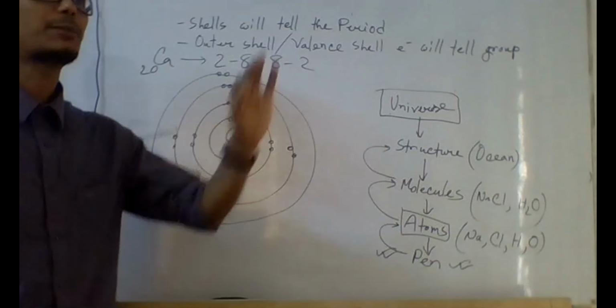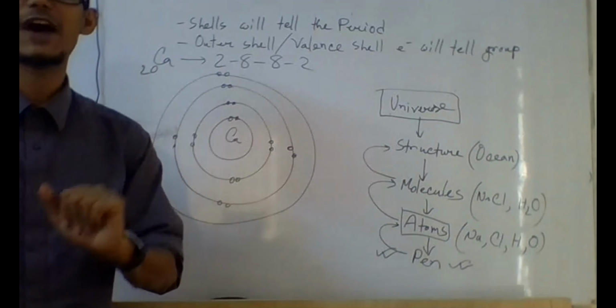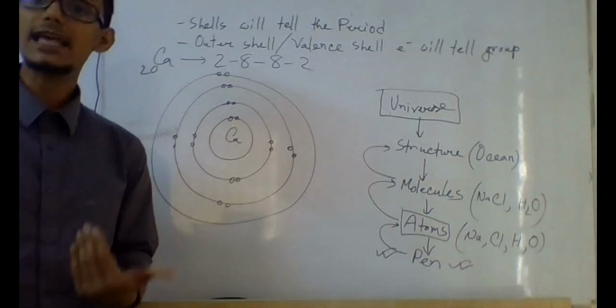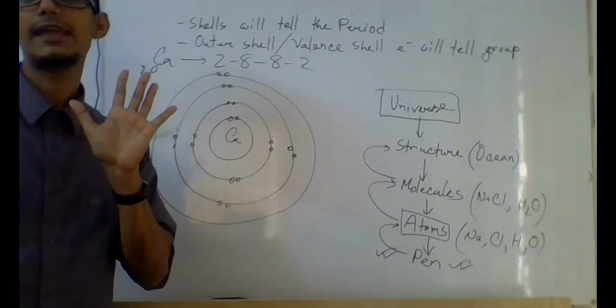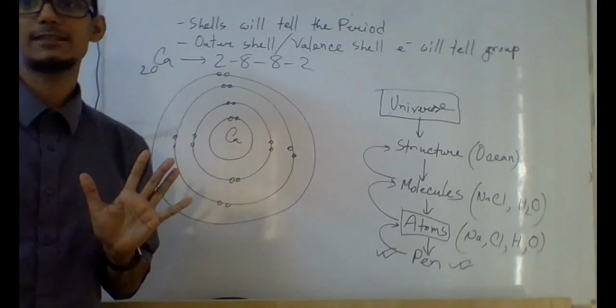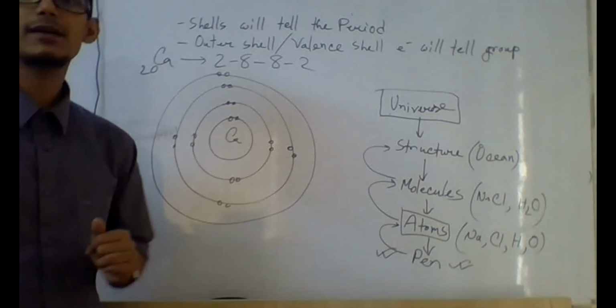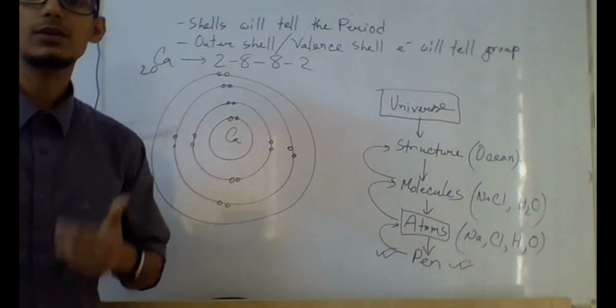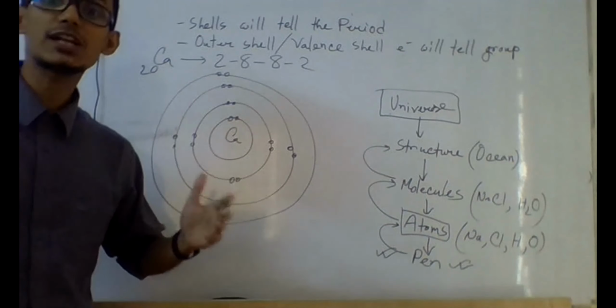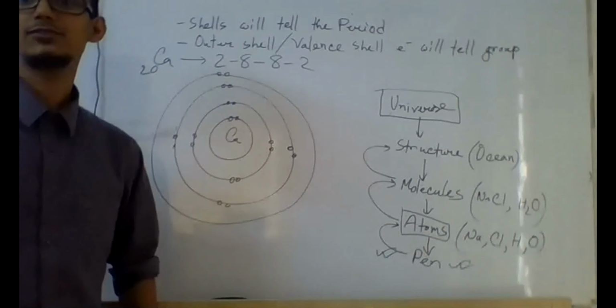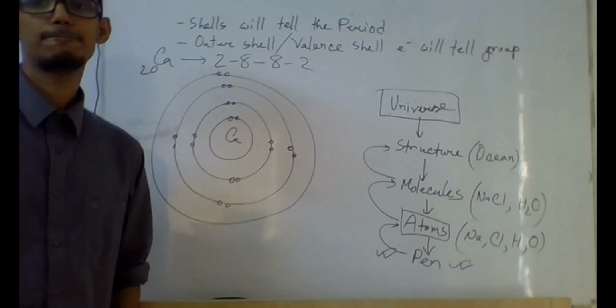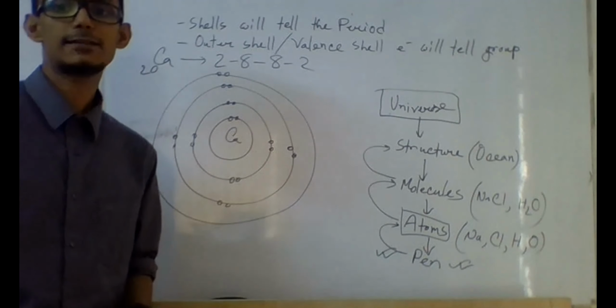If I say the period number of an element is 5, what will you understand? This element has 5 electronic shells. If I say the period number of an element is 7, you will understand there are 7 shells in this element. Is it clear? Yes, sir.